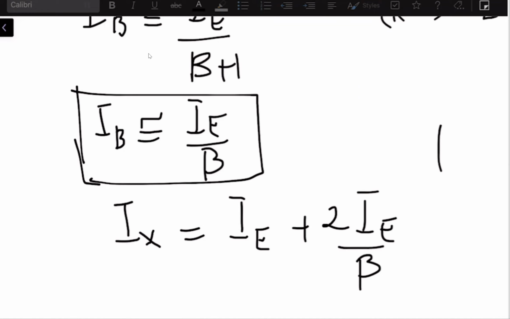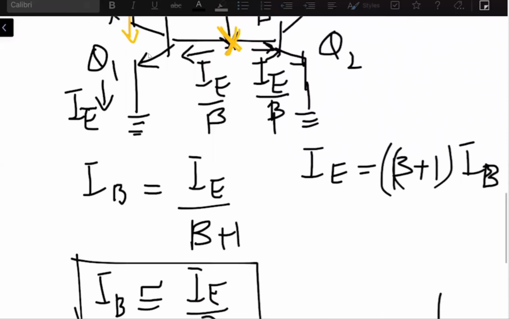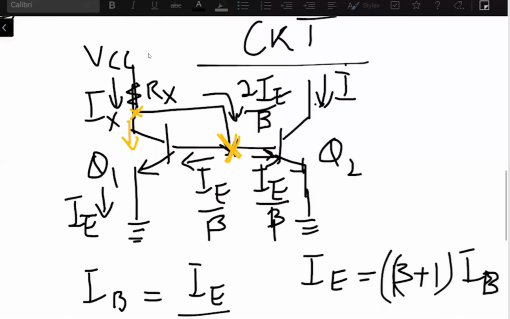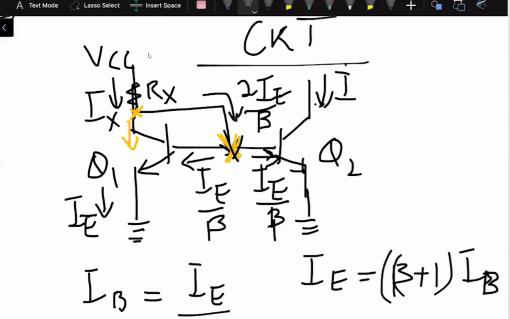Now, if IB is flowing in Q1, this means IB is also flowing in Q2, right? So that specific junction where the two bases are meeting, let's suppose this is the point where they are meeting.